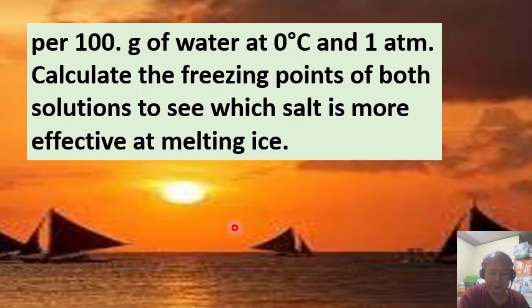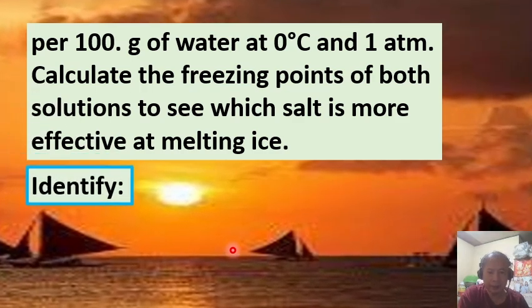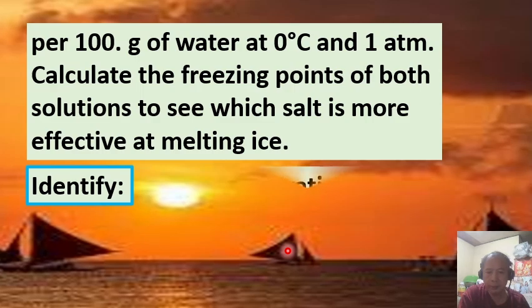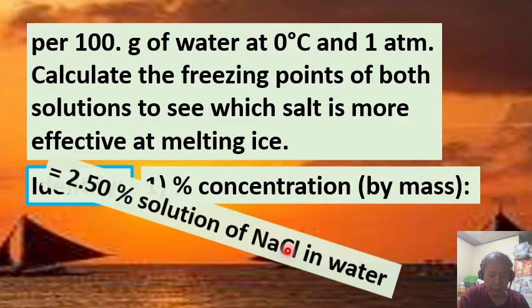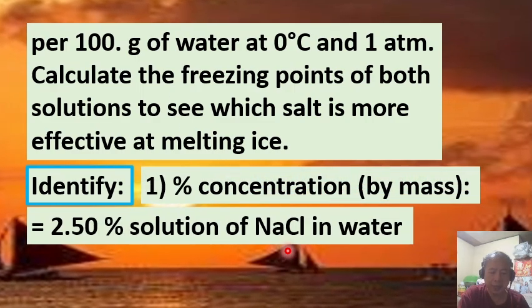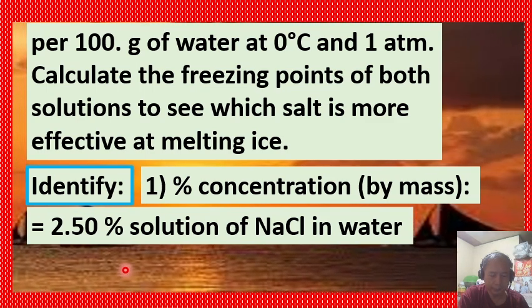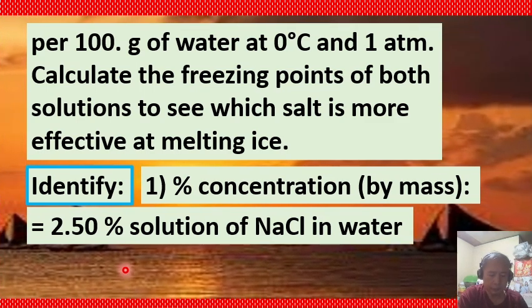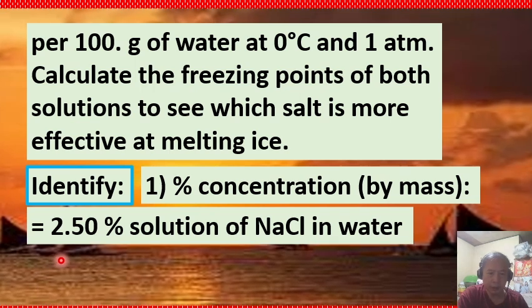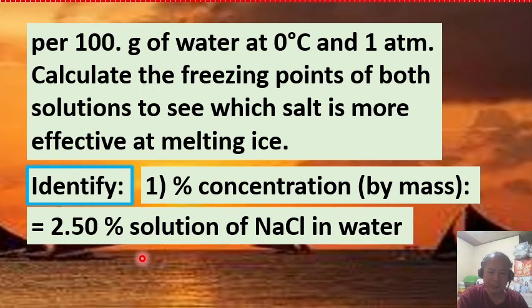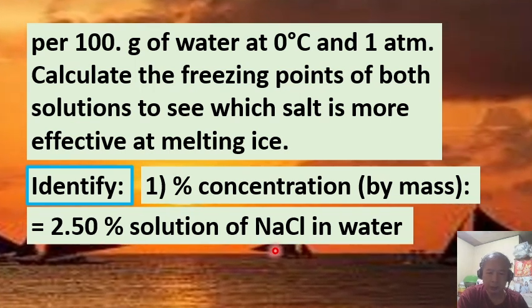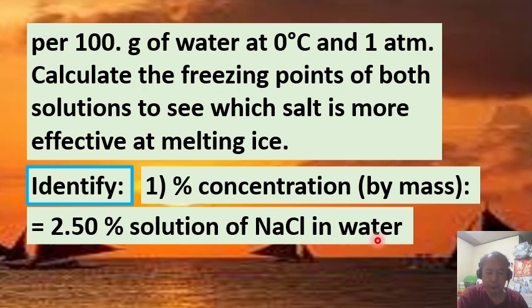So first things first, we are given the percentage concentration by mass of sodium chloride, which is a 2.50% solution by mass of sodium chloride dissolved in water.